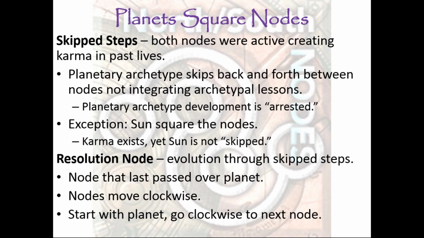Now, Jeffrey Green would teach that there was an exception to this rule, and that was when the Sun was square the nodes. It's almost like, how do you skip or eclipse the Sun as the giver of life? And how I've learned to interpret that, over 30-plus years of studying EA, is that with the Sun square the nodes, the karma is still there from the past with both nodes, and the Sun can still skip back and forth to those nodes.